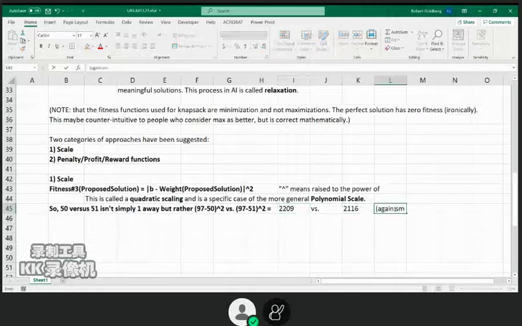Again, smaller is better, i.e. minimization, because that's what we're looking for.